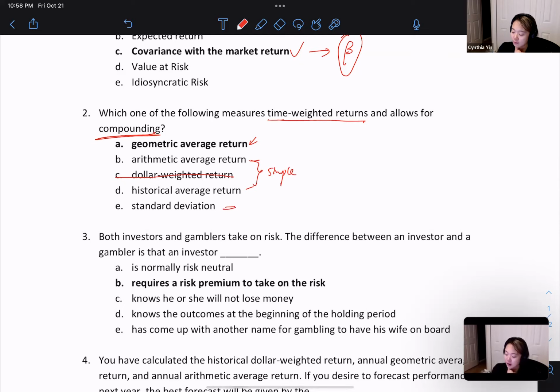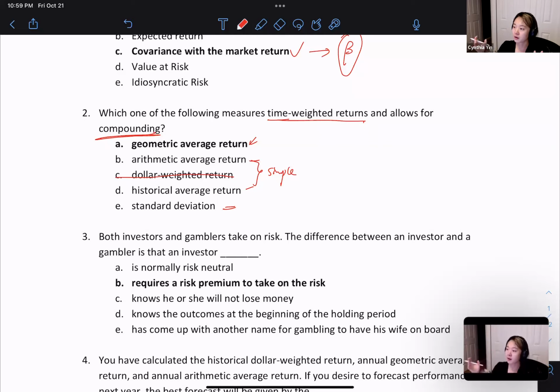Why is it time weighted returns? Because think if you have the same return for a long period, because of compounding, the return will be much more powerful if you compound it over a longer term, right?